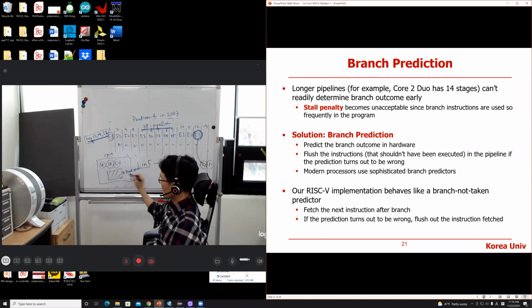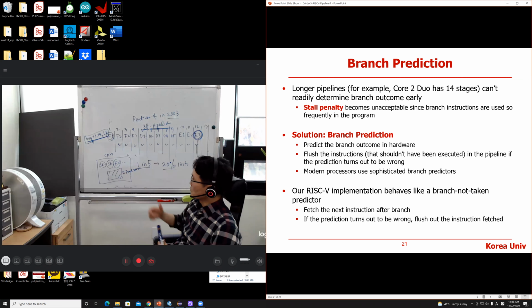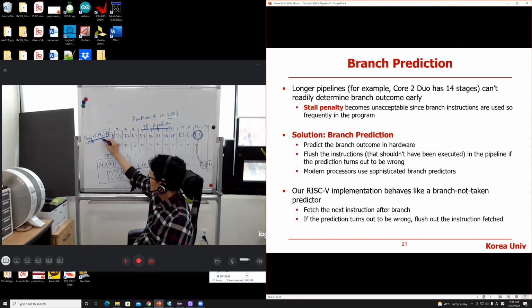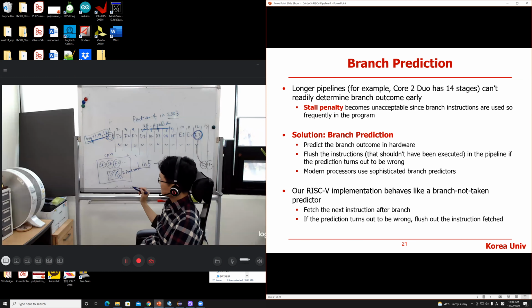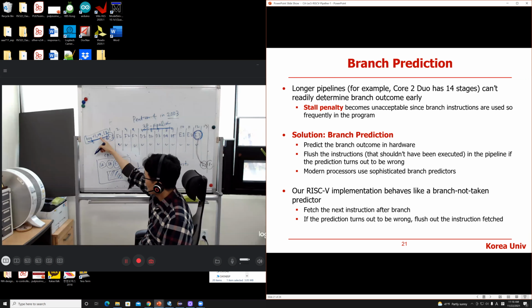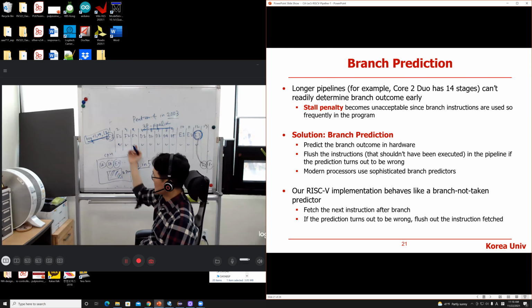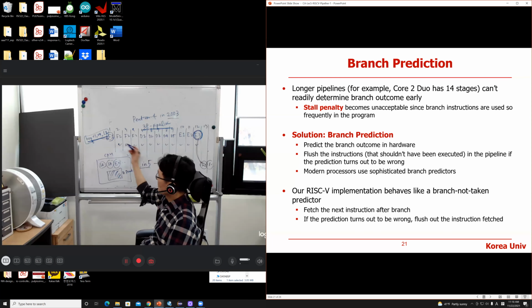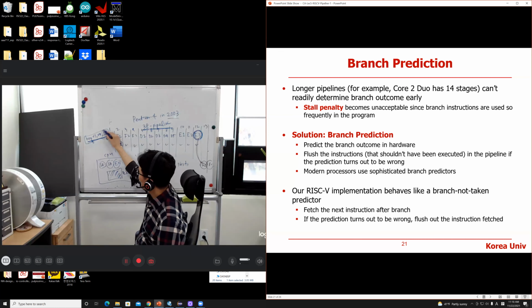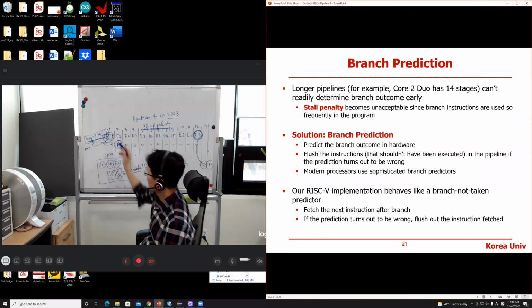When you read that branch instruction, the branch predictor says, I think the branch outcome would be taken. Then the next instruction, the next fetch, comes from that destination label, not the next instruction, not PC plus 4.